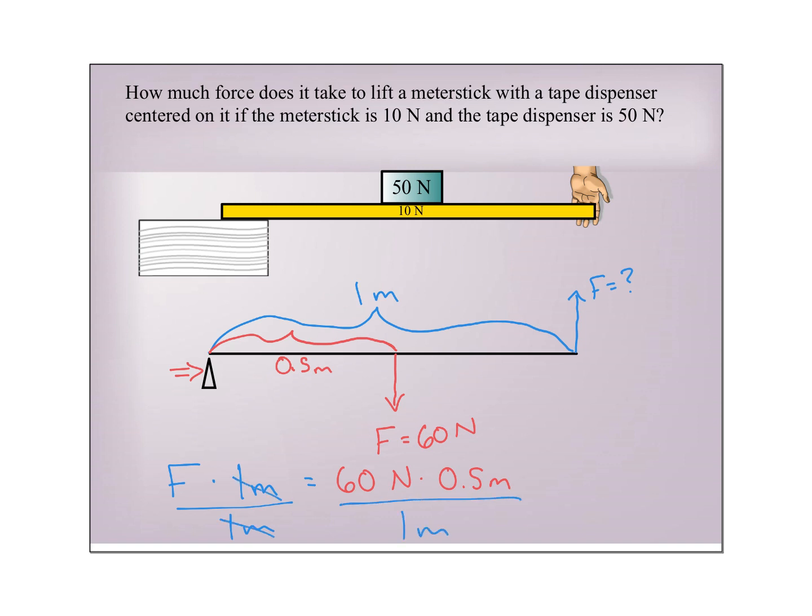Those will cancel. And F, my unknown, what force do I need to apply? 60 times 0.5 is just simply 30 newtons. Divided by that 1 meter is just dividing by 1. So I'd have to apply 30 newtons to lift that 60 newtons worth of stuff sitting in the middle.